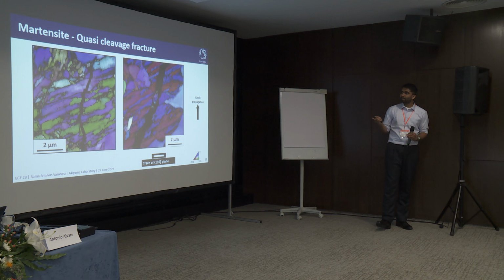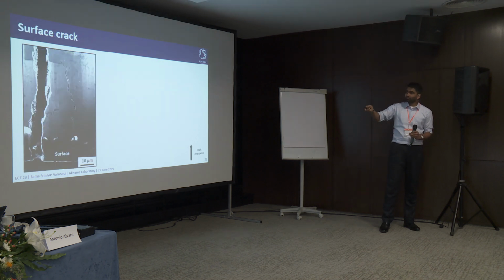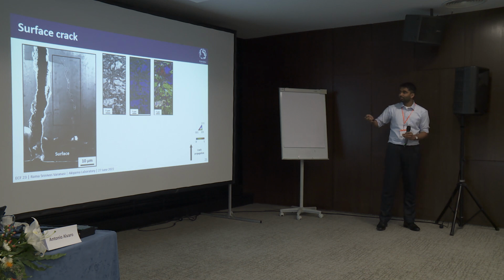Now when we studied the martensite, we observed a quasi-cleavage fracture, and the crack propagation was along the 110 plane, and this is actually very similar to what many other studies have reported in the context of martensitic steels. And now we go to the surface crack. So this is the surface, and in the surface crack, interestingly, we observe that the crack propagation mechanism is exactly identical.